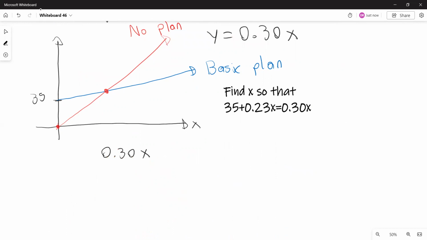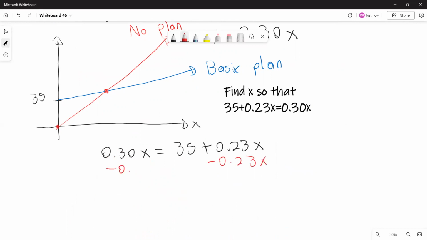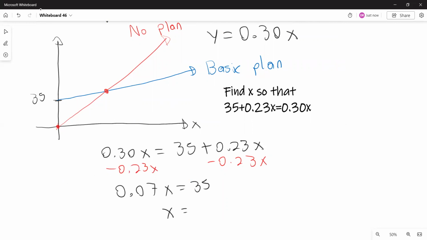0.30x equals 35 plus 0.23x. Subtract 0.23x from both sides. And 0.07x is equal to 35. And divide both sides by 0.07.